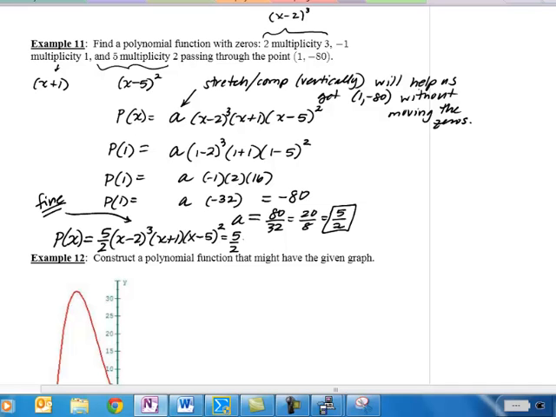But if we wanted to expand it, x minus 2 cubed, if you expand that, you can use the cubing pattern or you can just FOIL it out by hand. You'd have x cubed minus 4x, let's say minus 2x squared, plus 4x minus 8.